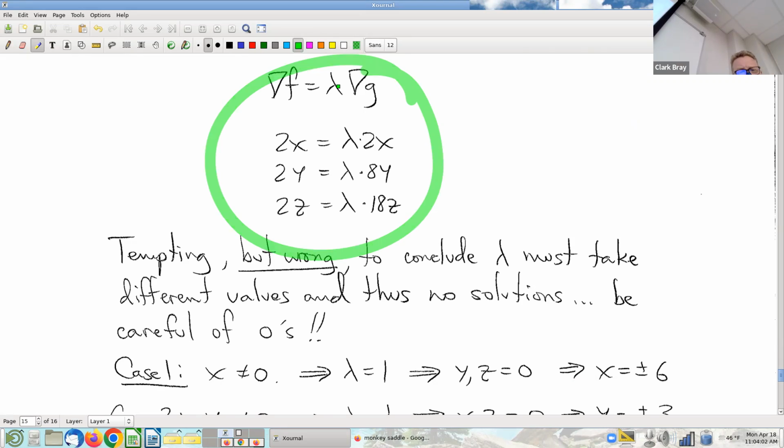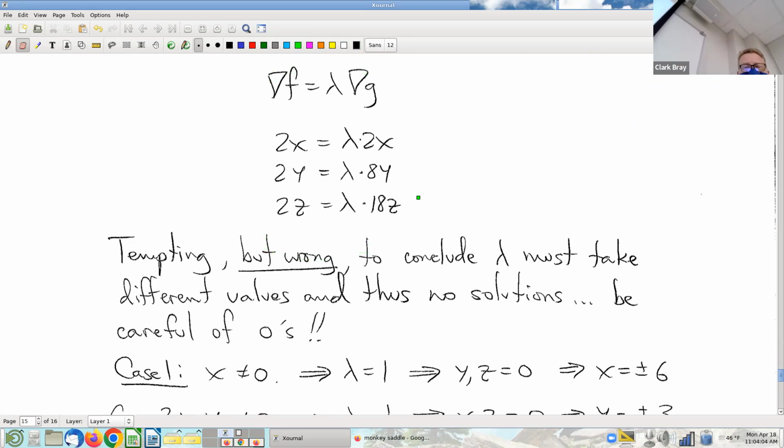And it's tempting to reason as follows. Lambda has to equal 1, right? That says lambda equals 1. I propose for your consideration. But this says lambda is equal to 1/4. Done, there aren't any solutions.